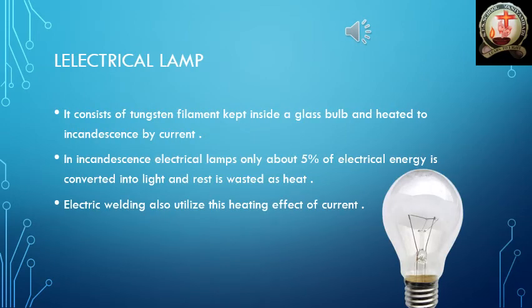The last application of heating effect is the electrical lamp. Now we should discuss this electrical lamp. It consists of a tungsten filament kept inside a glass bulb and heated to incandescence by current. I mentioned the bulb figure on the right side corner below.